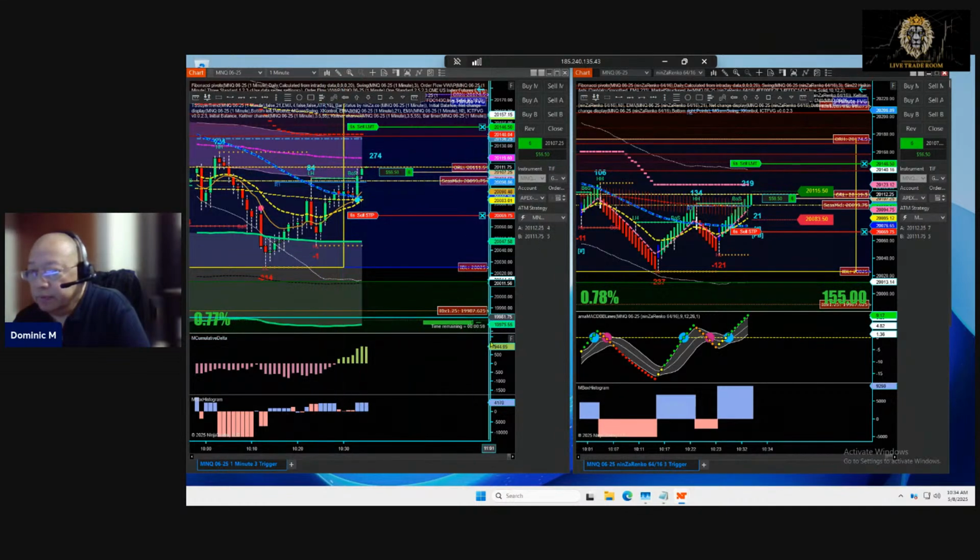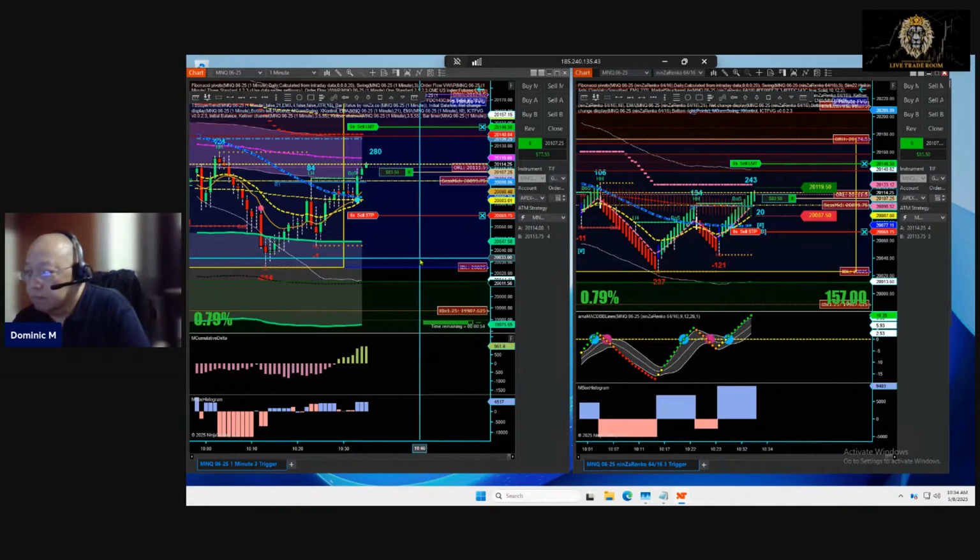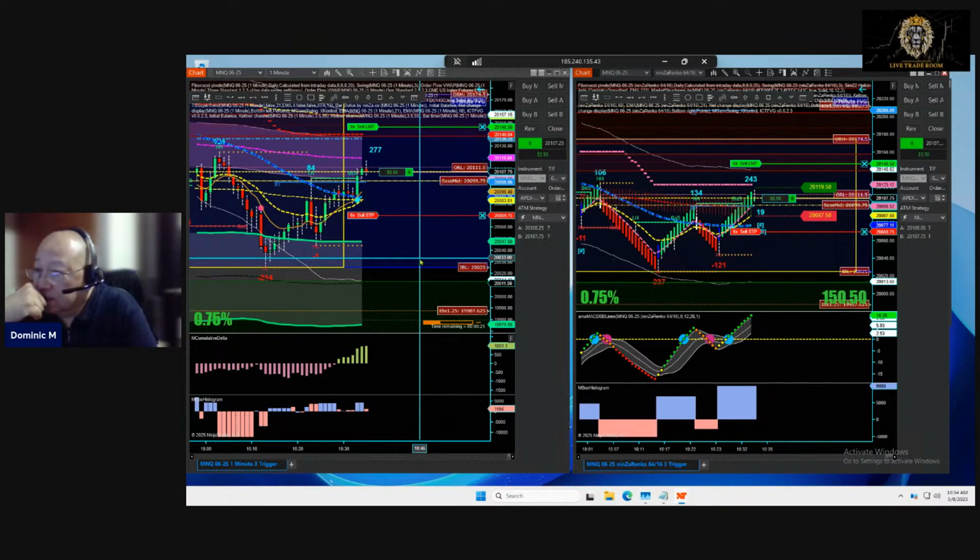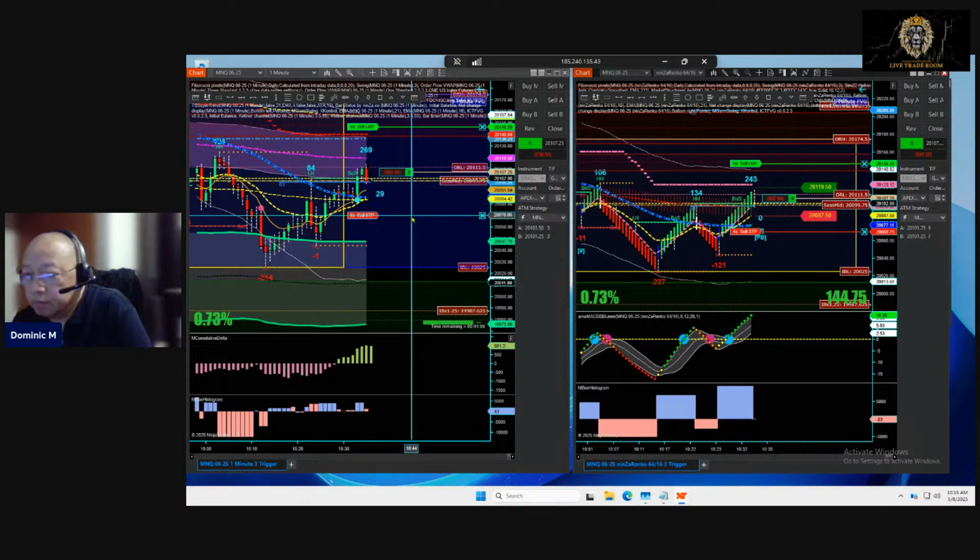I want to see it close above the VWAP, not just pierce it. Gonna test this again.